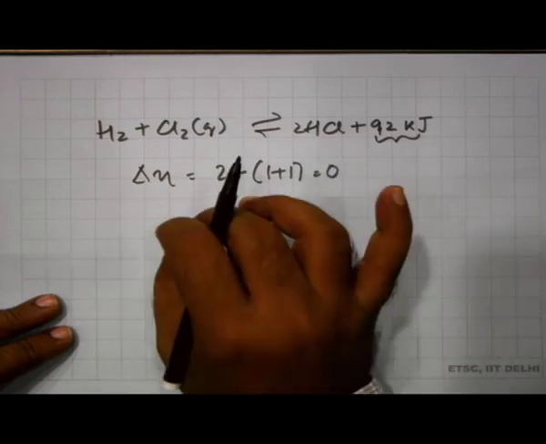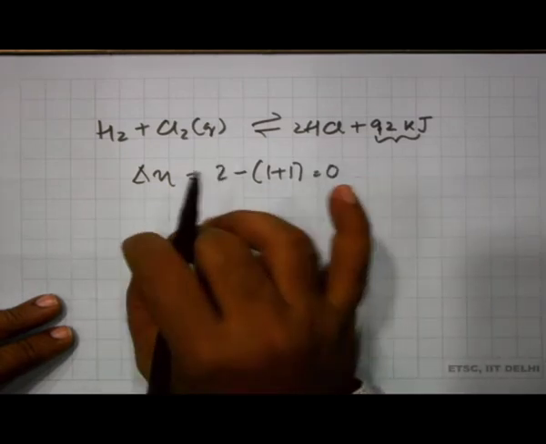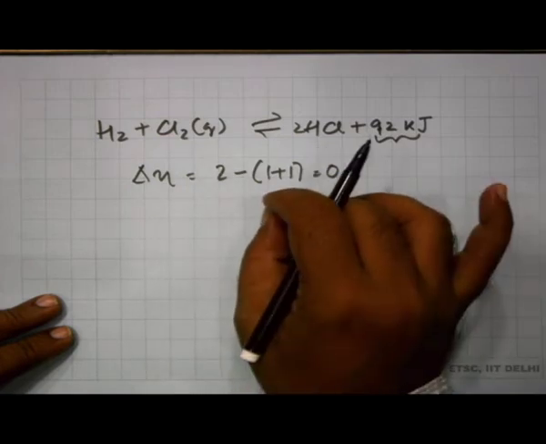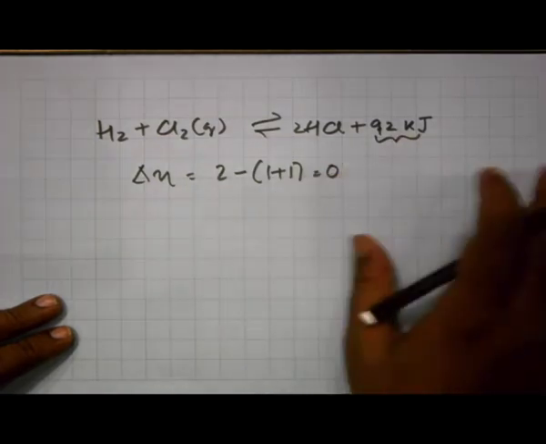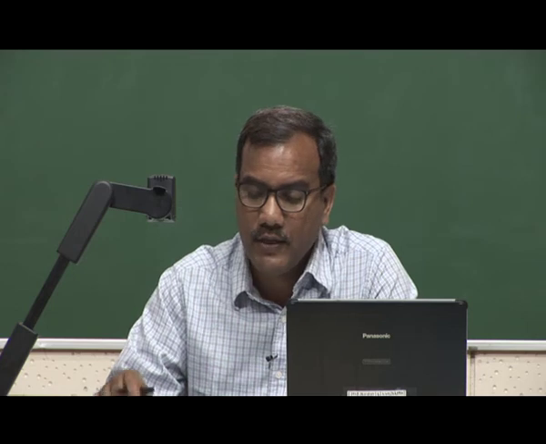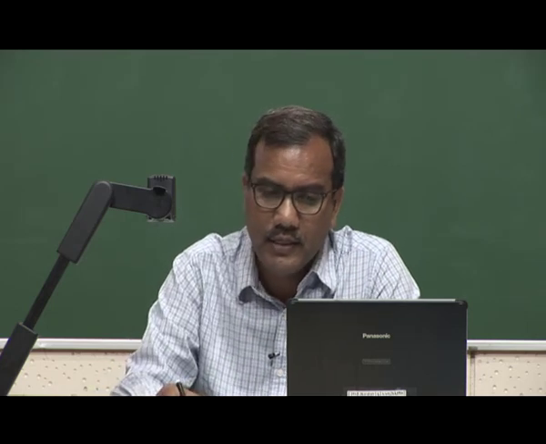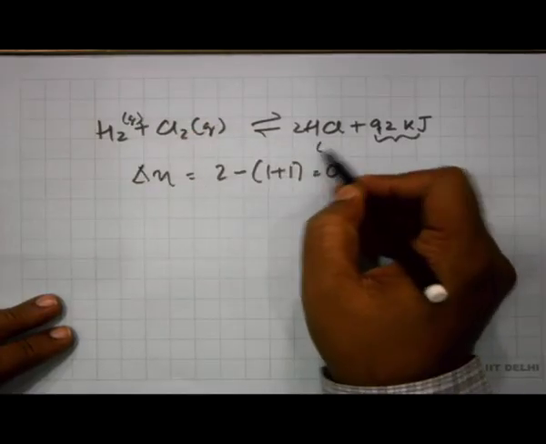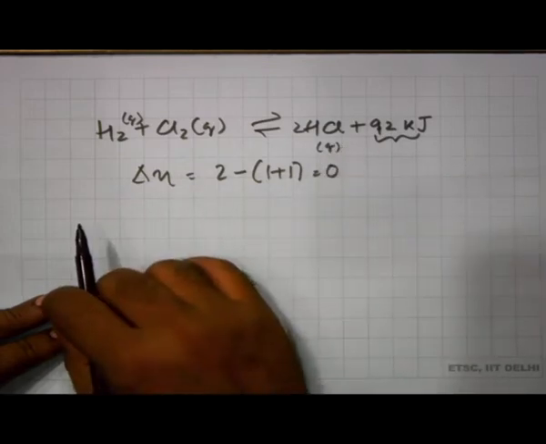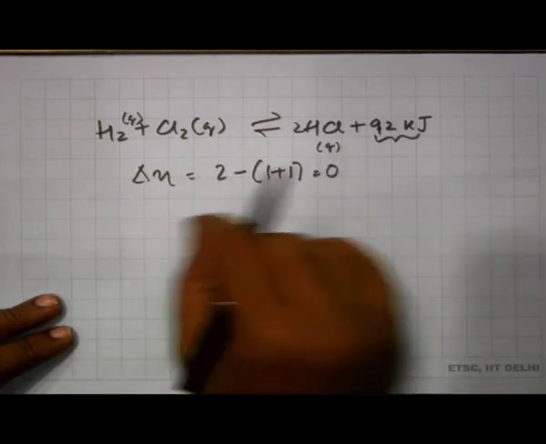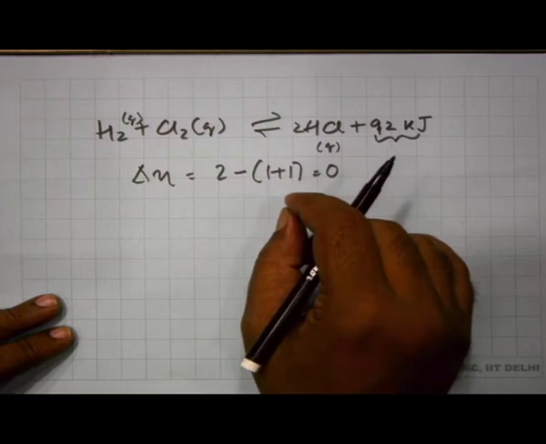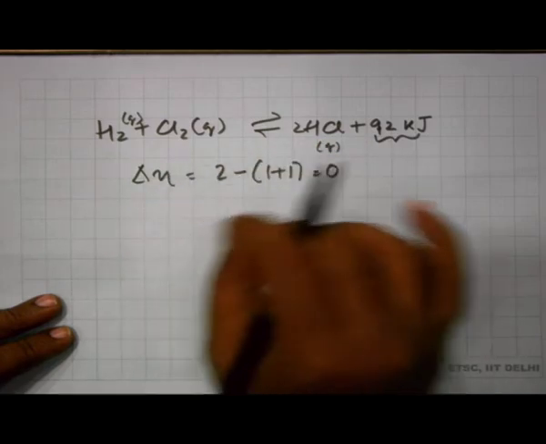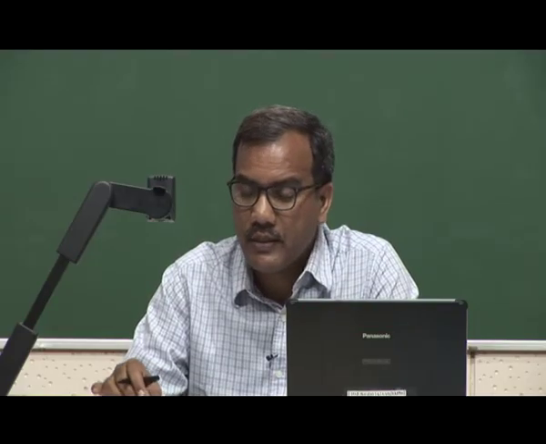What that means is increase or decrease in pressure will not affect this reaction, all are in gaseous phase. Introduction of inert gas will also not affect this reaction, whether it is carried out at constant volume or constant pressure.